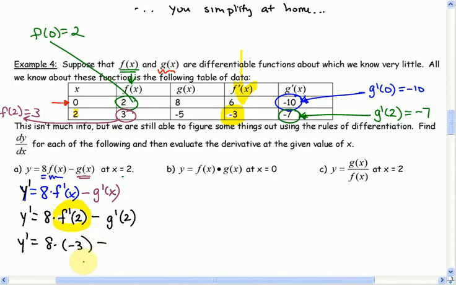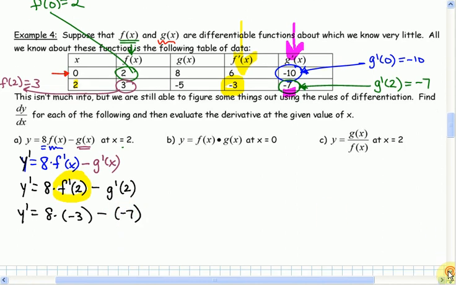So what's g prime of 2? Negative 7. Excellent. So that's down this column here, this number. Okay. And then we'll ask you to simplify by doing the calculations. 8 times negative 3, that's negative 24. The two negatives together make it a positive, so I believe your derivative is just negative 17.